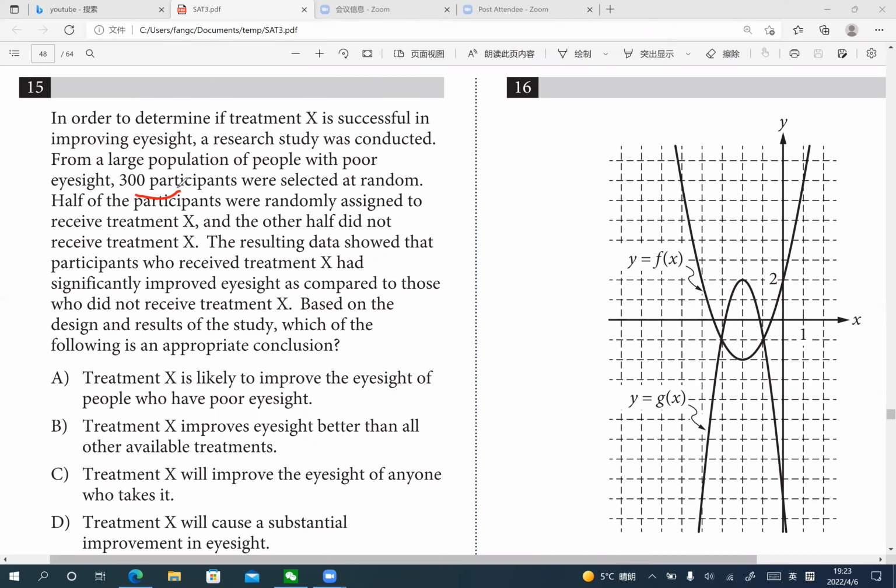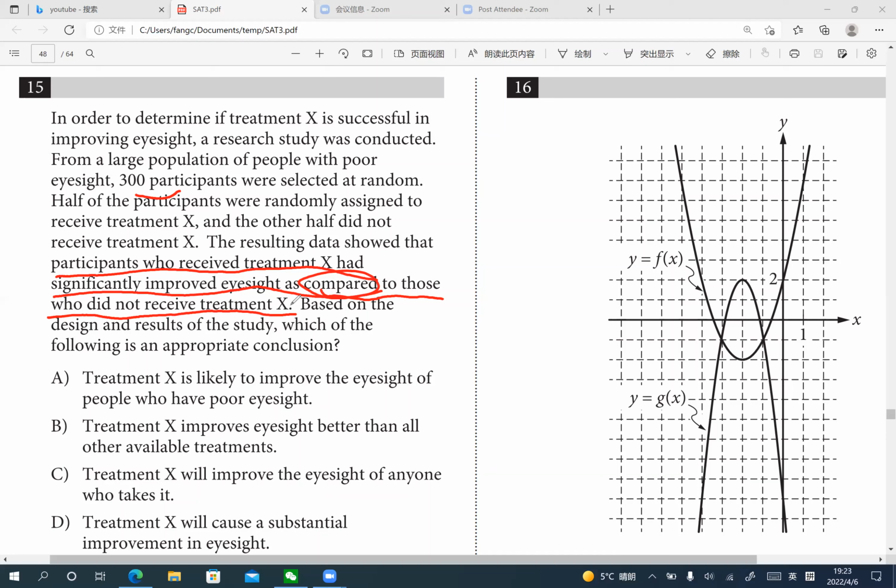The resulting data showed that participants who received treatment X had significantly improved eyesight as compared to those who did not receive treatment X. Based on the design and results of the study, which of the following is an appropriate conclusion?